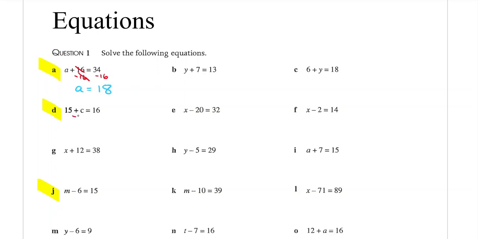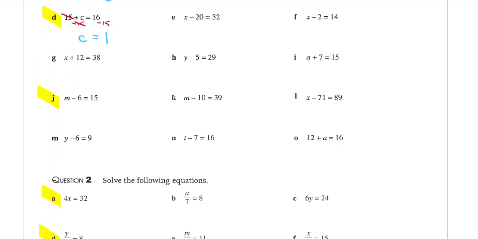So we go minus 15 here, minus 15 there. Cancel away those 15s. If you don't cross them out, that's okay. But it is nice to see them disappearing so you can see what's left. Because the C is now what's left here. And on this side, 16 take away 15 is 1. Done.